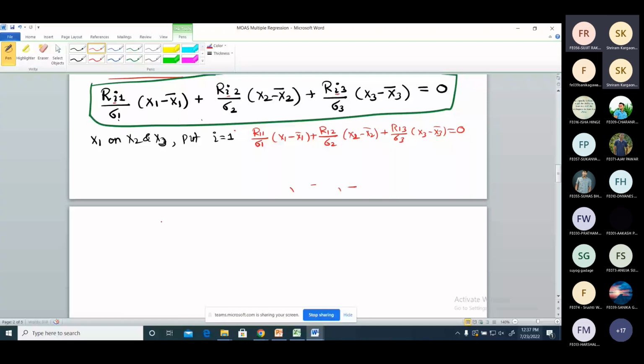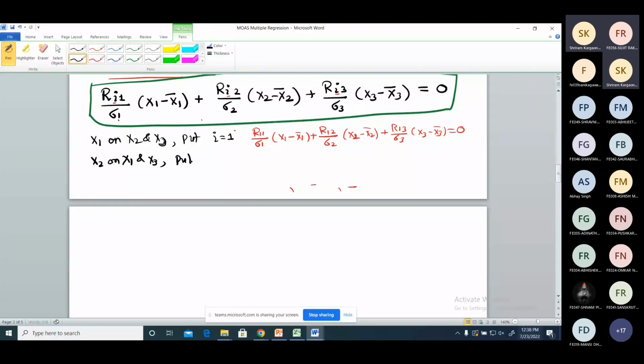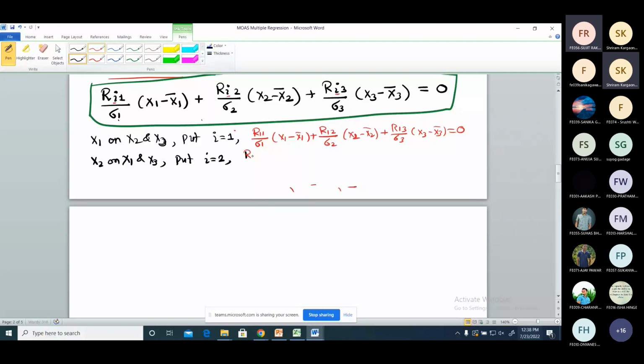If you want x2 on x1 and x3, what you will do is put i equal to 2. So what you get is R21 upon sigma 1 into x1, but the rest of the terms are equal.